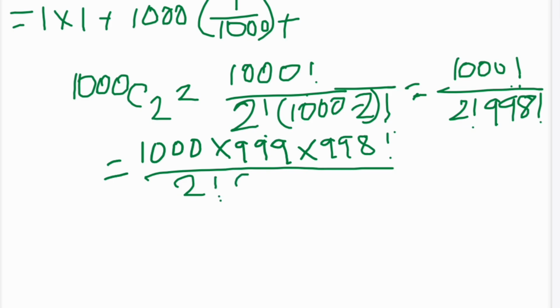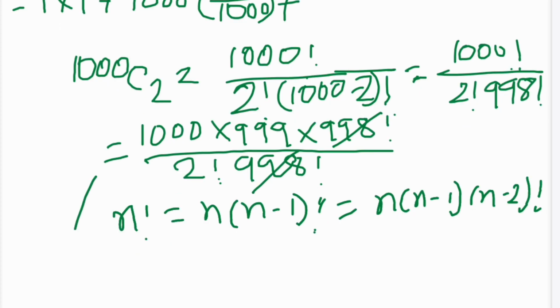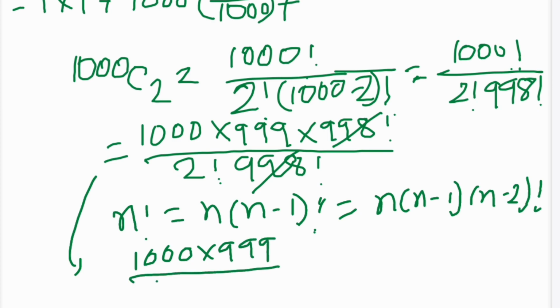Over 2 into 998 factorial. So we can cancel 998 factorial from both denominator and numerator, right? Basically, you can write n factorial as n into (n minus 1) factorial, or n into (n minus 1) into (n minus 2) factorial, and so on, right? So left is 1000 into 999 over 2 factorial, that is 2, into 1000 squared, right?